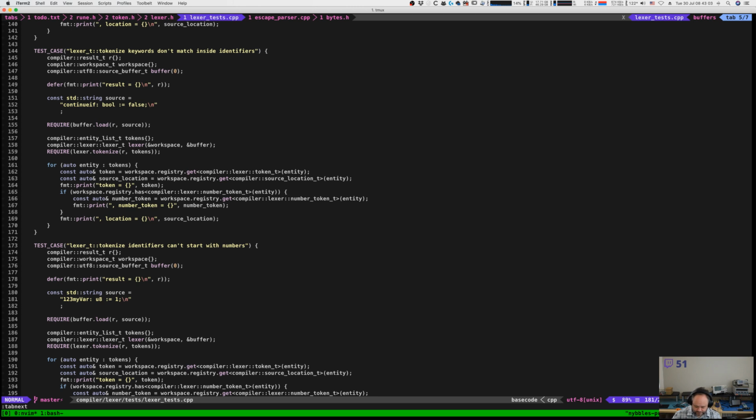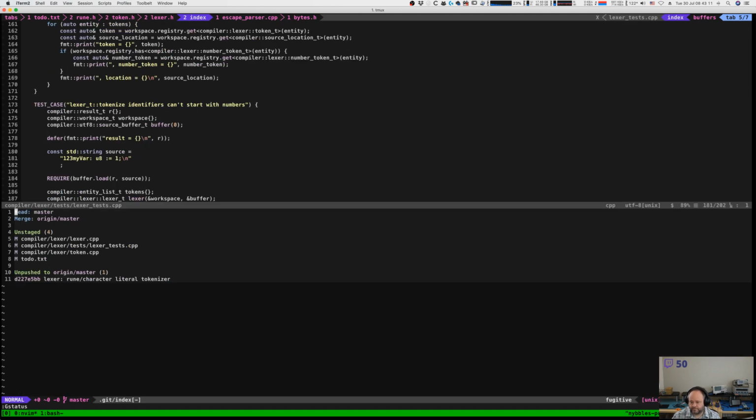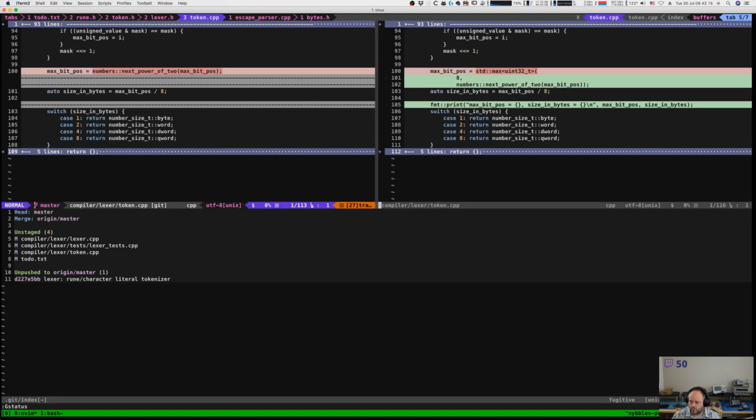Okay. Right, so there was a bug in the token. This is in the narrow-to-type for integers.